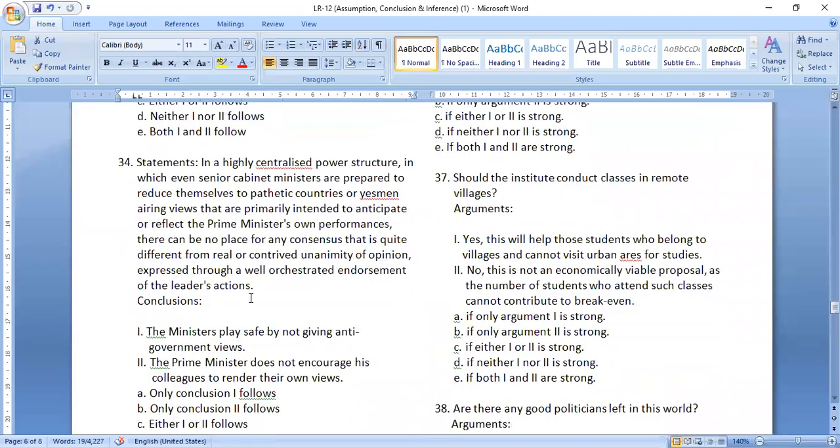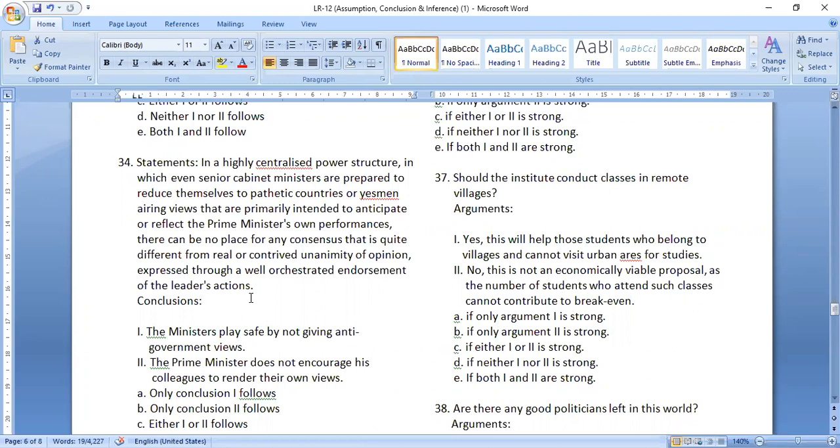So 34, in a highly centralized power structure in which even senior cabinet ministers are prepared to reduce themselves to pathetic countrymen or yes men, airing views that are primarily intended to anticipate or reflect the prime minister's own performances, there can be no place for any consensus that is quite different from real or contrived unanimity of opinion expressed through well orchestrated endorsement of the leader's actions.